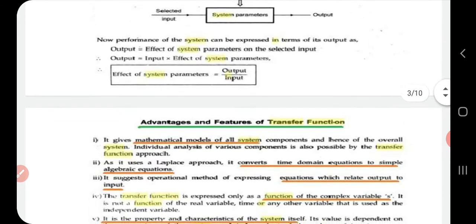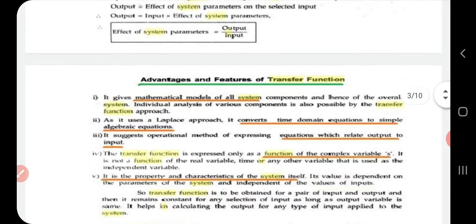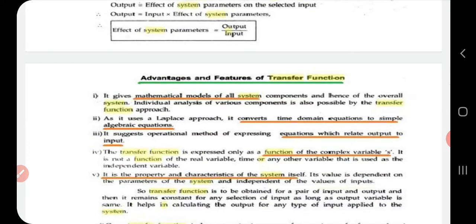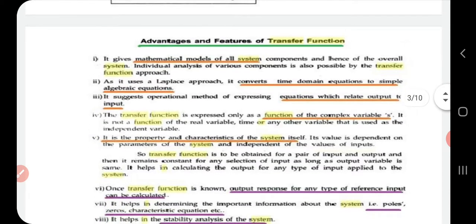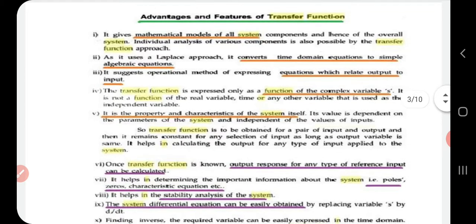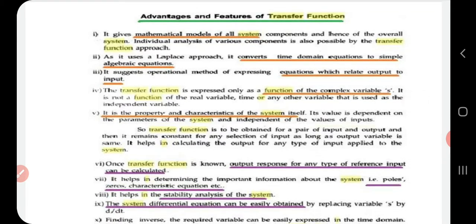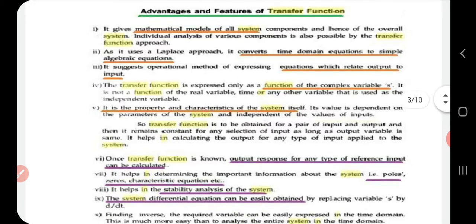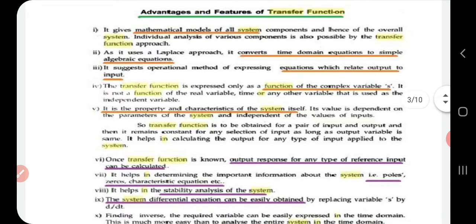Here we are just dealing with the concept, what it is doing, the advantages, disadvantages, some salient features, and finally some of its characteristics. It is just a theory part, easy to study. So let us see its advantages and features. First of all, it gives a mathematical model of all system components, and hence of the overall performance of the system.